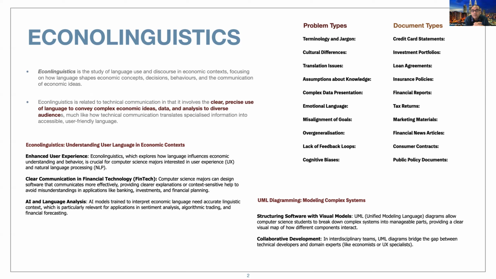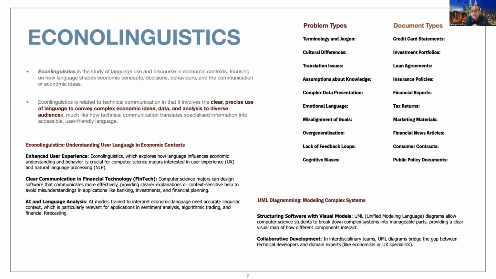So some of the problem types are terminology and jargon, cultural differences that make these things happen, and translation issues. If it's not translated well from one language to another, then it can completely change the meaning or the severity of what's being said and how it's to be used. Assumptions about knowledge, complex data presentation, emotional language.